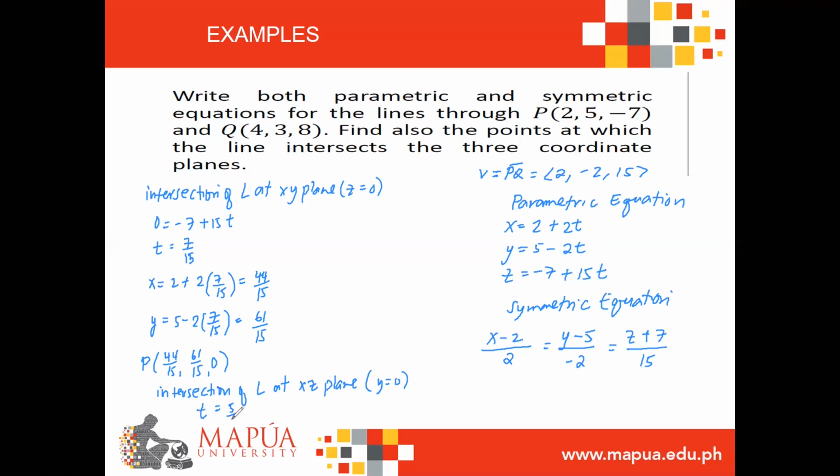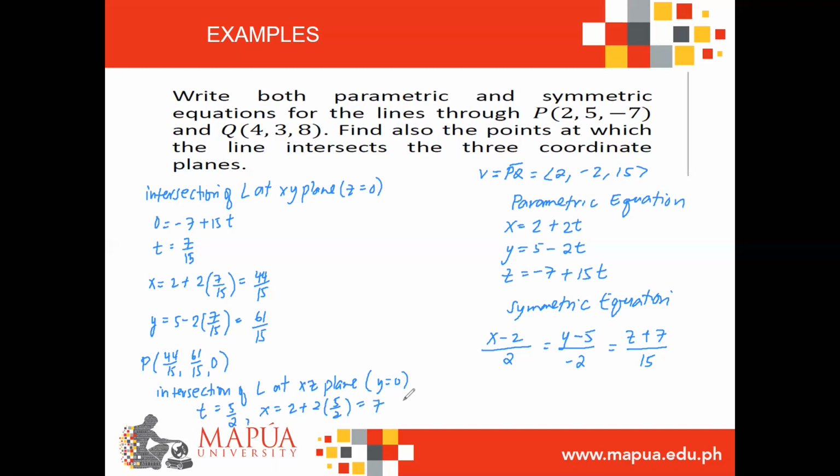And substituting t equals 5 over 2 in your first equation and in your third equation of the parametric equation of your line L. So solving for x, that will be equal to 2 plus 2 times 5 halves, which will give you 7.